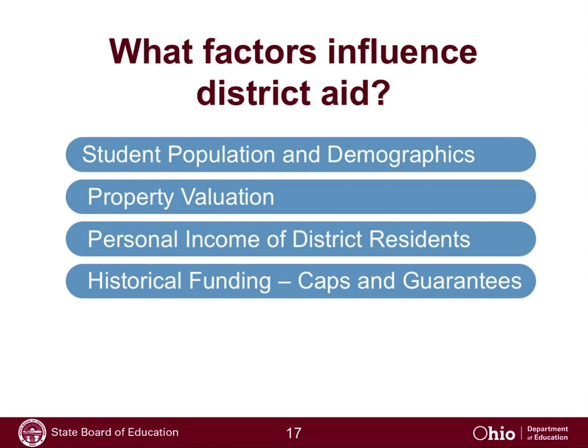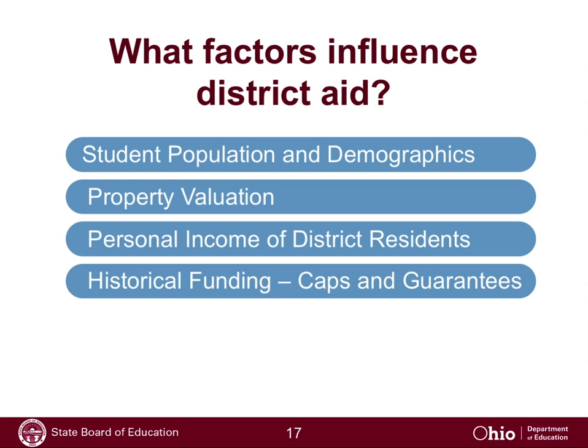And then finally, Ohio has maintained, for a variety of reasons, a system of guarantees, which basically say that even if a computed amount seems to drive a lower contribution to a district's revenues, the state would hold the district harmless and guarantee a prior year or some prior year benchmark amount to that district.